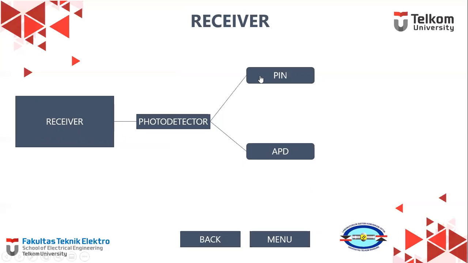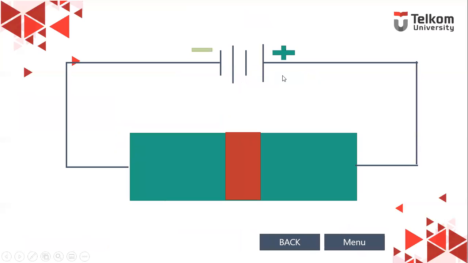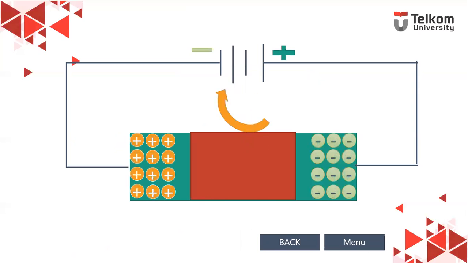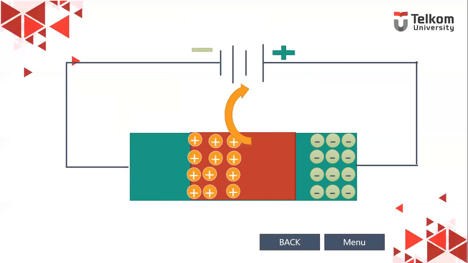First is PIN, next is APD. We're gonna take a look at PIN. PIN works when it is given reverse bias so that the PN junction will be contradicting to each other, so that the energy or the light captured by the PIN can be cut as much as possible like this picture.